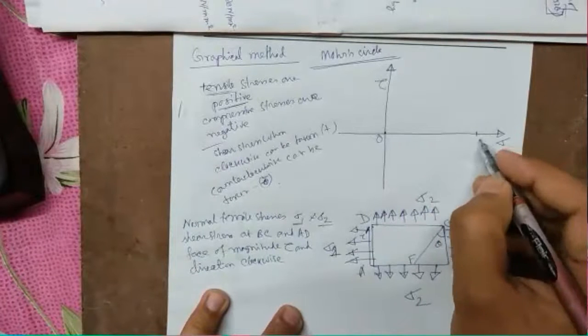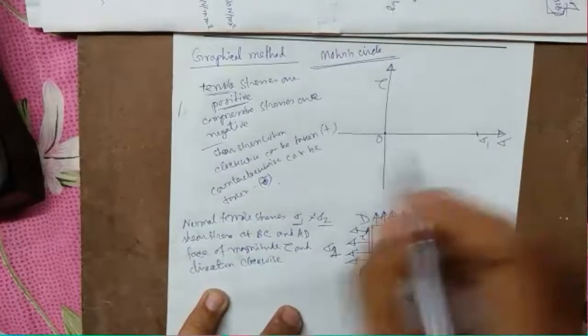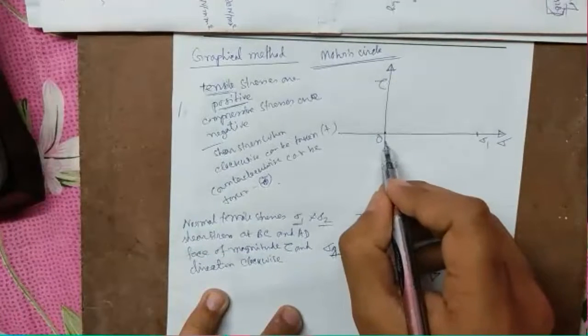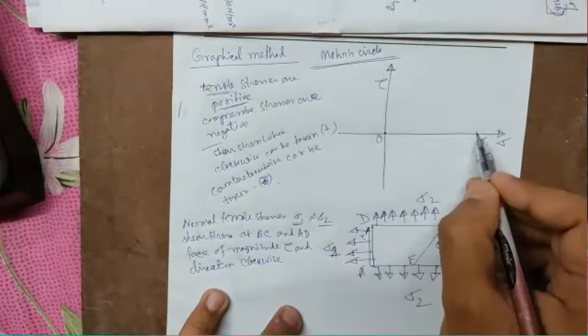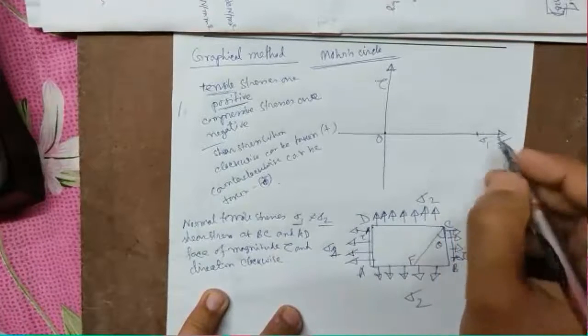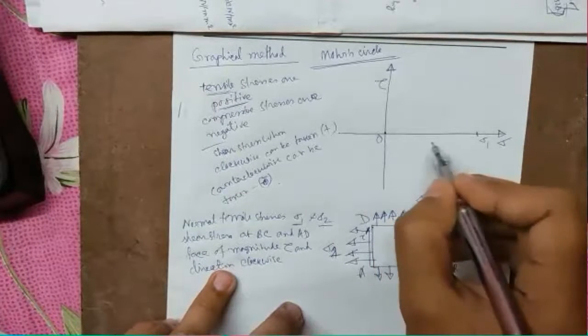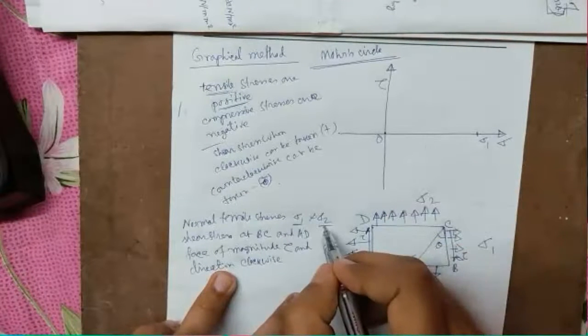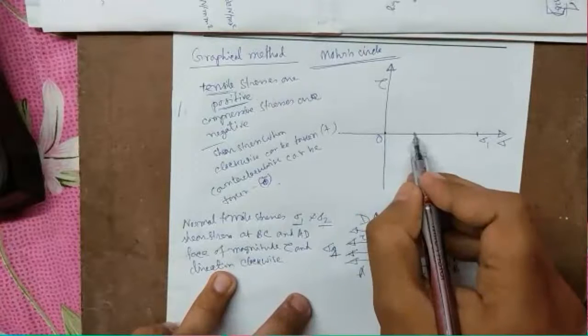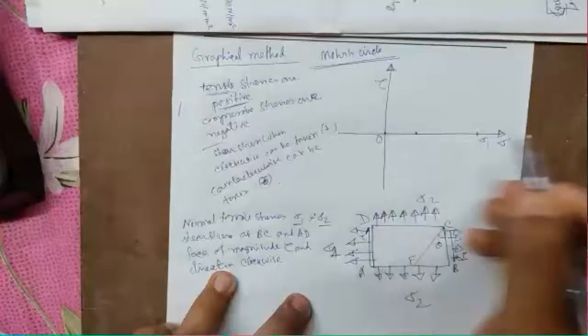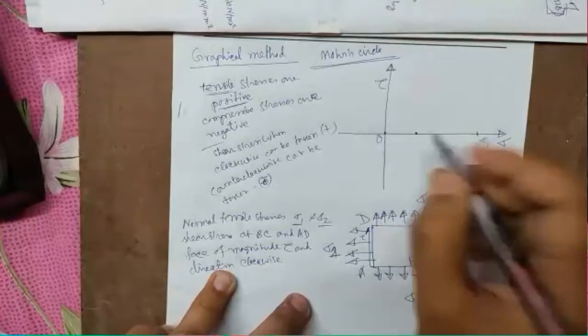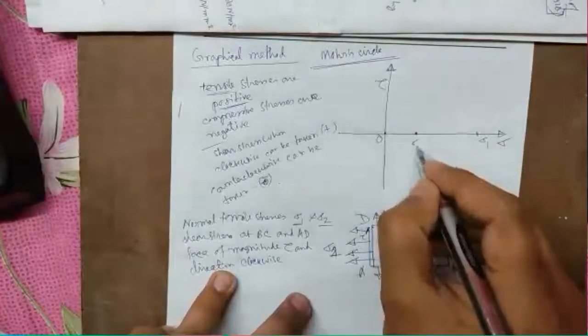The ordinate from O point to this point will be the value of sigma 1. And if we place sigma 2, it will come here, it will be sigma 2.